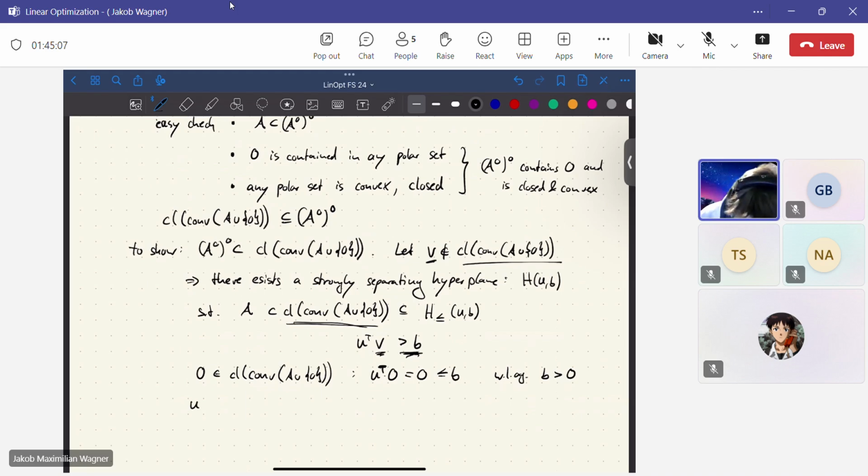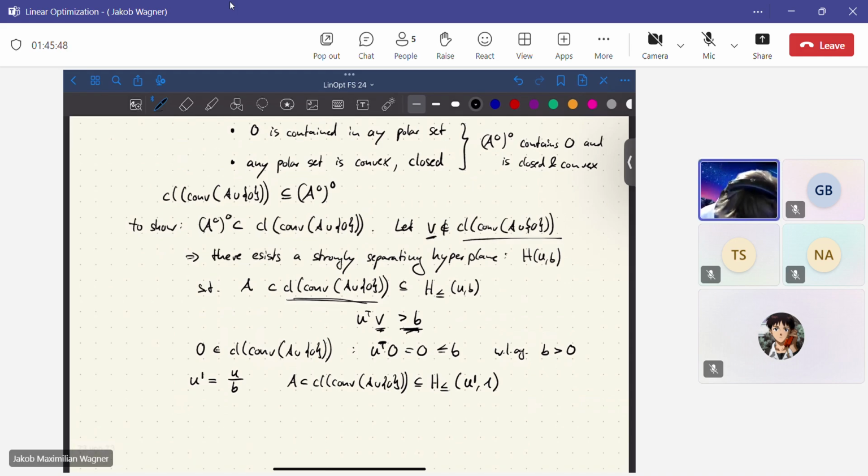And so you can do this by normalizing the U to a U prime, which we get by dividing U by this scalar B. Now, what we get, just by a reformulation, is that A, which is a subset of the closure of the convex hull of A including 0, is a subset of this hyperplane where we replace U by this U prime, and we have a 1 on the right-hand side.